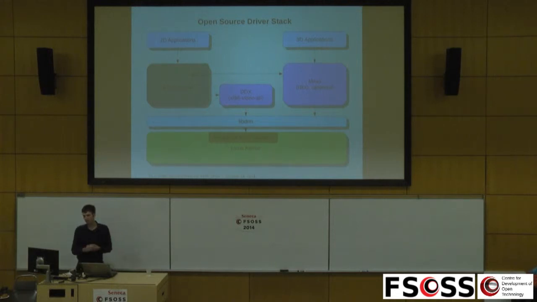For 2D applications, which are things like windows in your window manager, or a web browser where you're scrolling text, those communicate with the X server, because the X server is in charge of managing, like I said before, if you have a desktop environment, the underpinnings for all of the stuff that is being displayed.